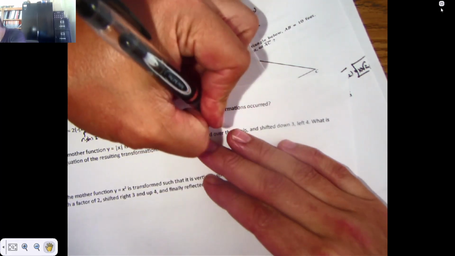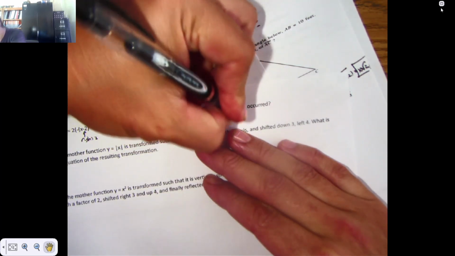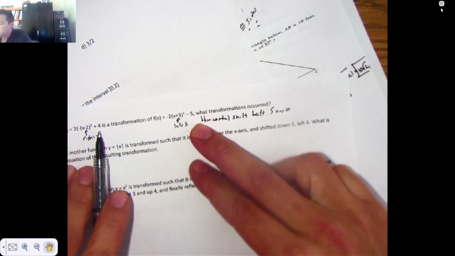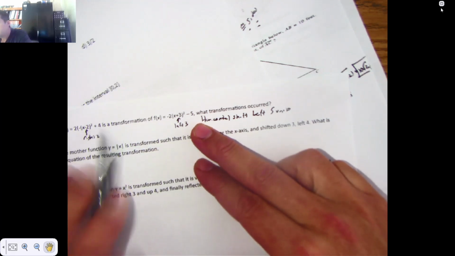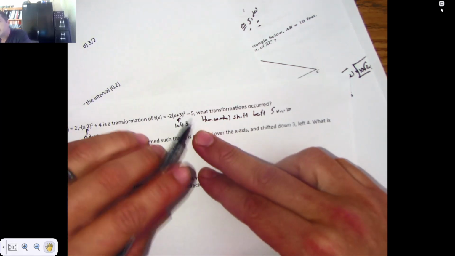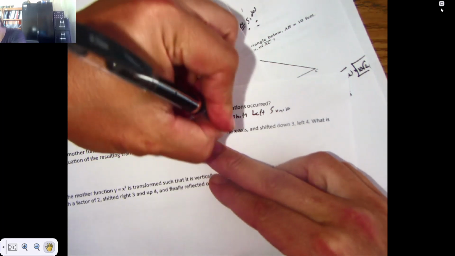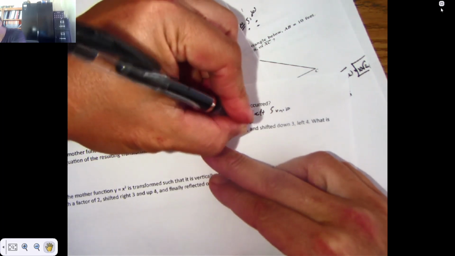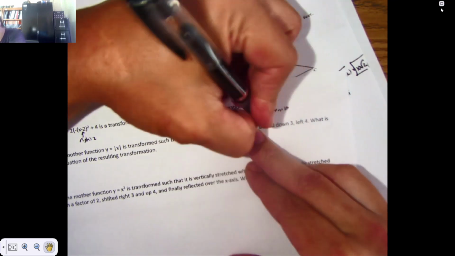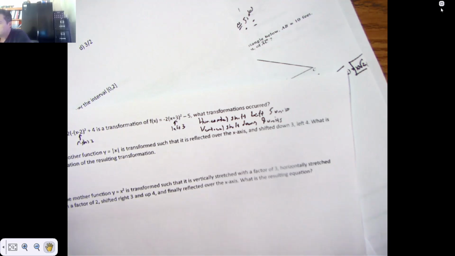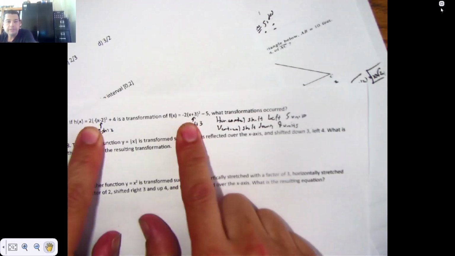So horizontal shift left 5 units. We talk about our vertical shift. We were at 4 units high. Now we're 5 units below. There's a vertical shift down 9 units. We have reflected over the x-axis.